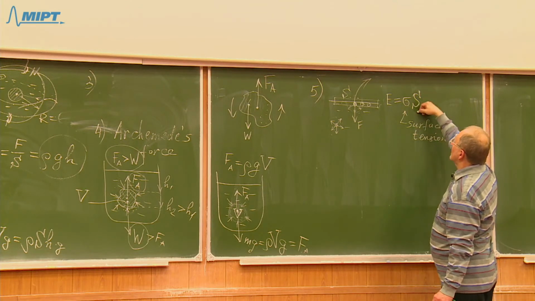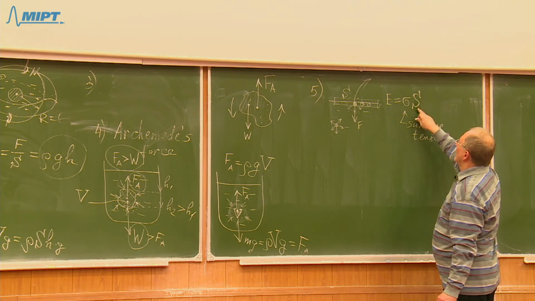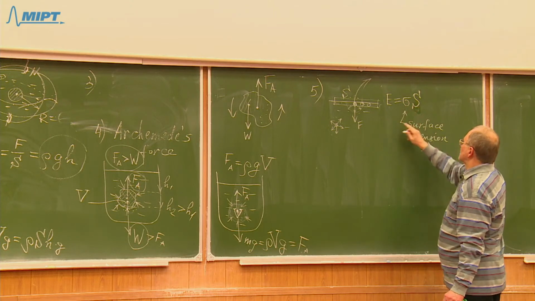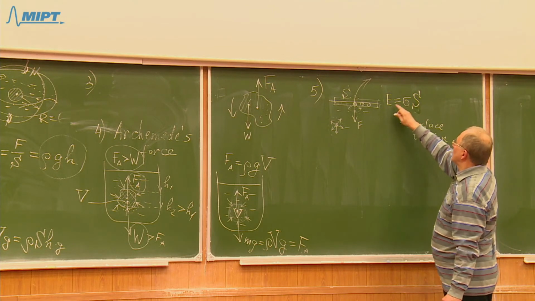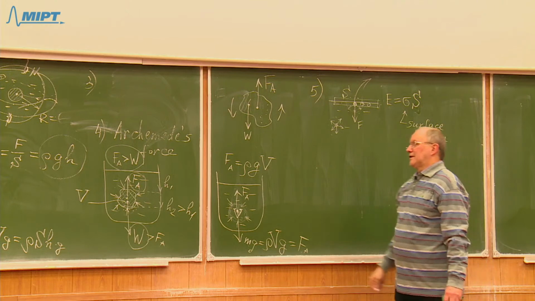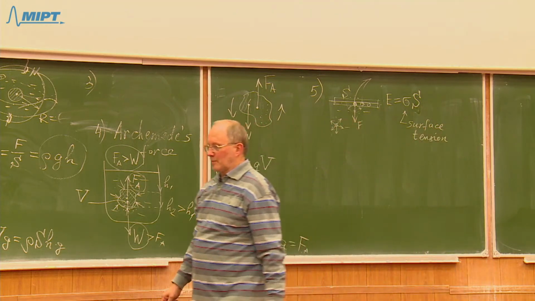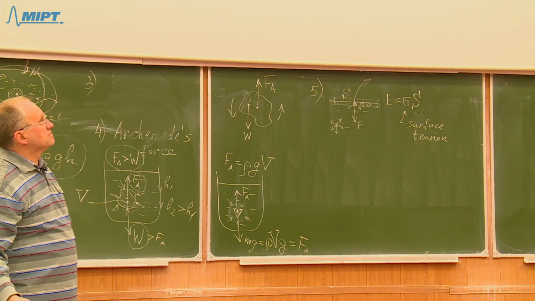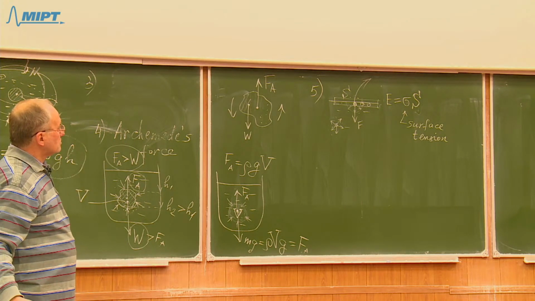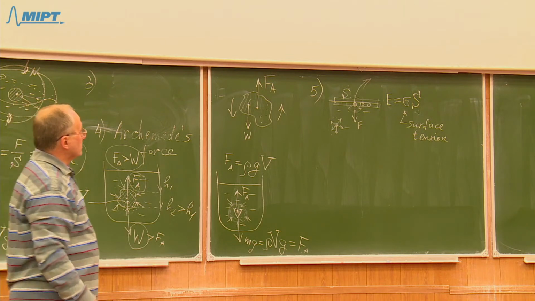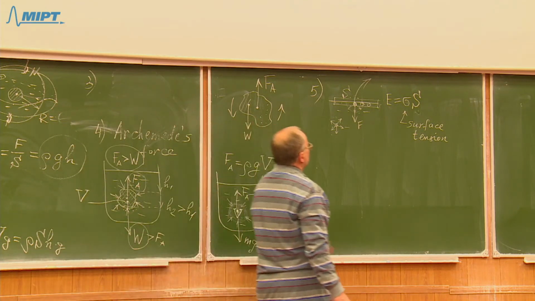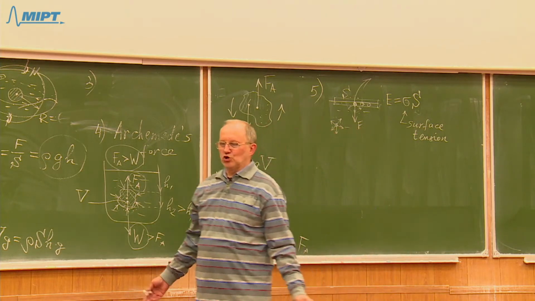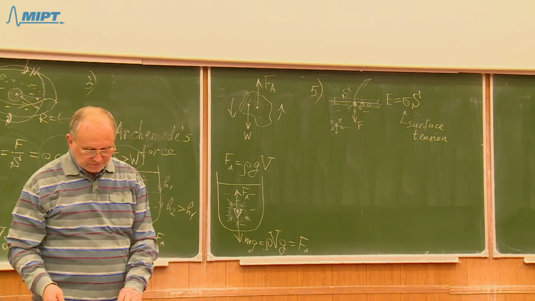If S equals 1, if it's unity, then the energy will be equal to sigma, which is surface tension, and that will be the energy of a unit area of the surface. So either this is a surface energy or surface tension. Both terms can be used.